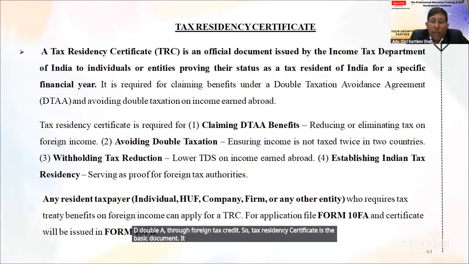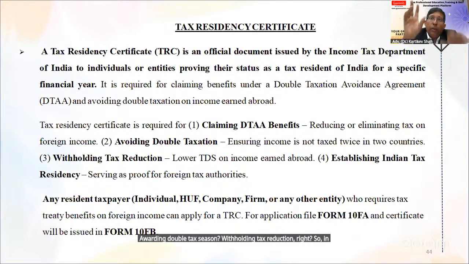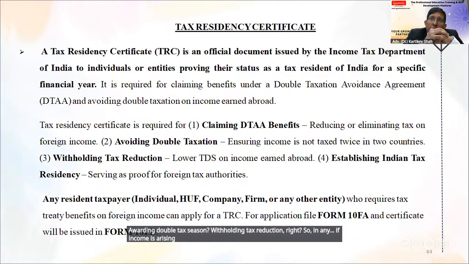It is used for claiming DTAA benefits, as I said, avoiding double taxation and reducing withholding tax, right? If income arises and it is taxed under domestic taxation, it is taxed more, while under treaties it is less as per the percentage.